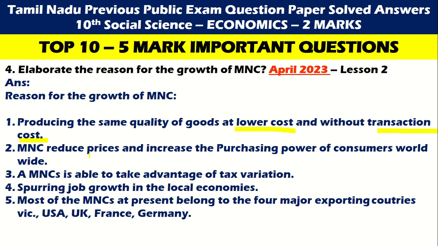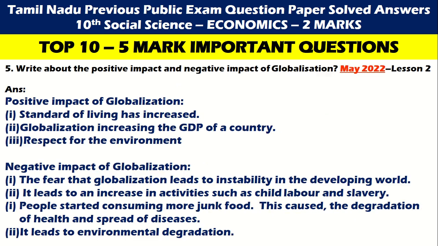Then MNCs reduce prices and increase the purchasing power of consumers worldwide. Also, an MNC is able to take advantage of tax variation, spurring job growth in the local economy. Most of the MNCs at present belong to the 4 major exporting countries, which are USA, UK, France and Germany.